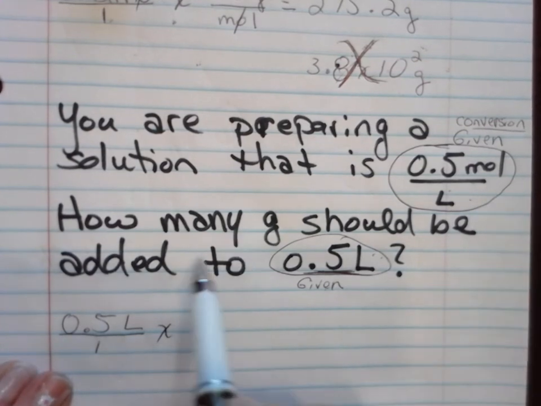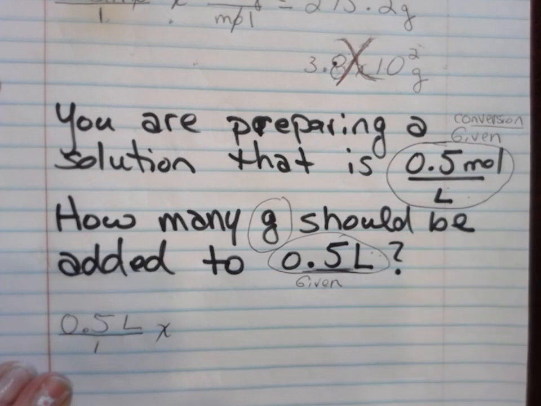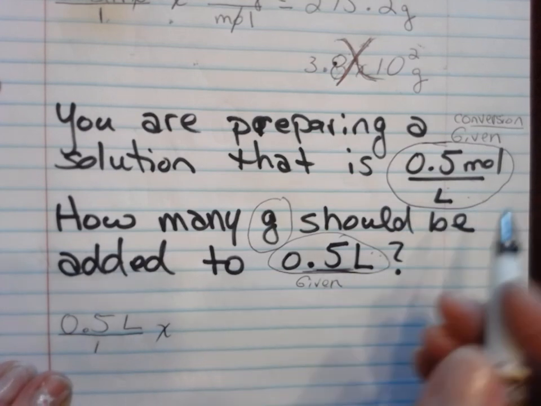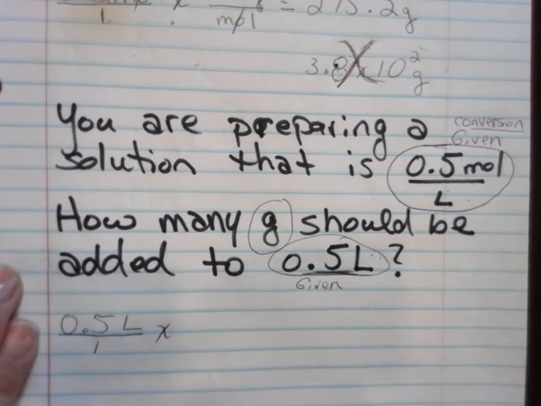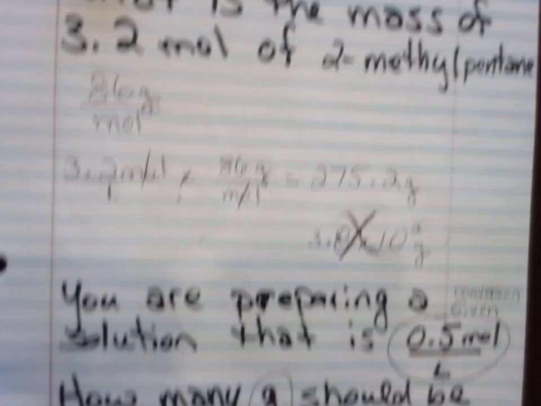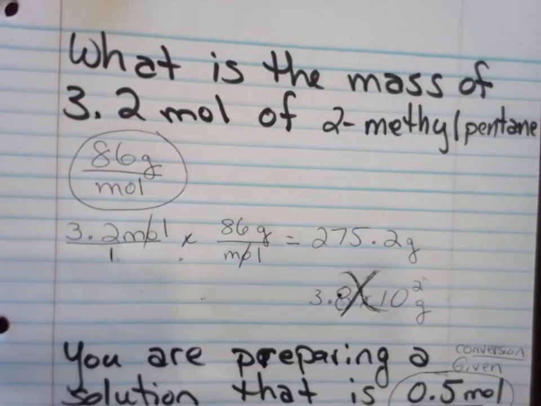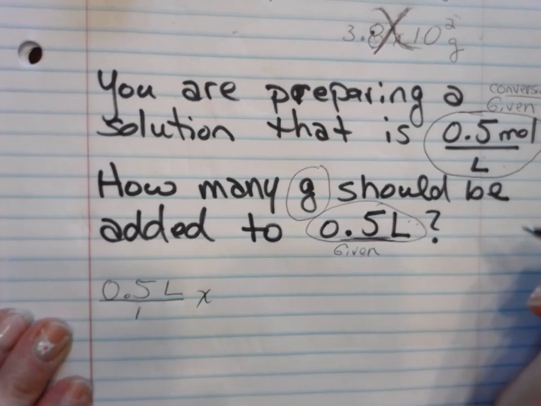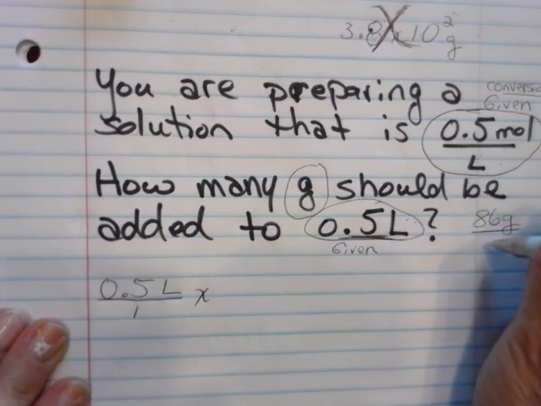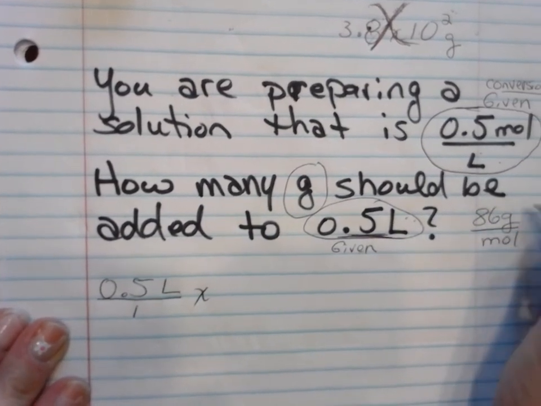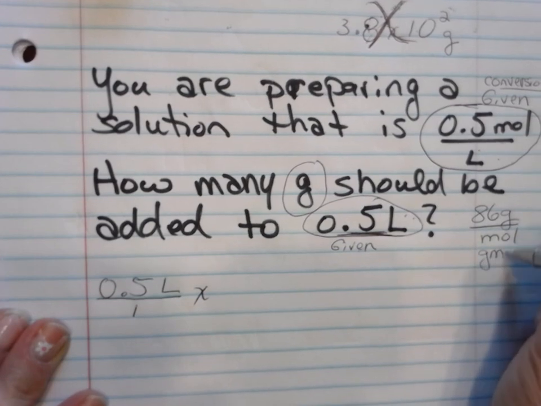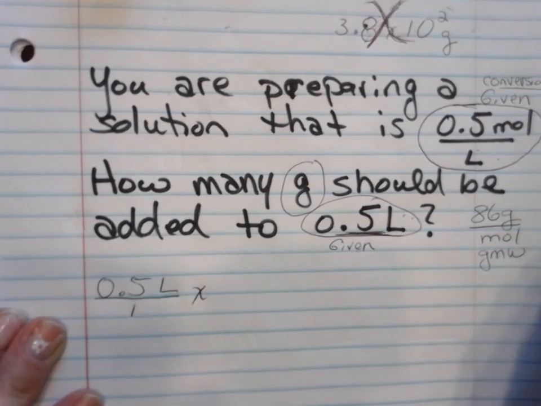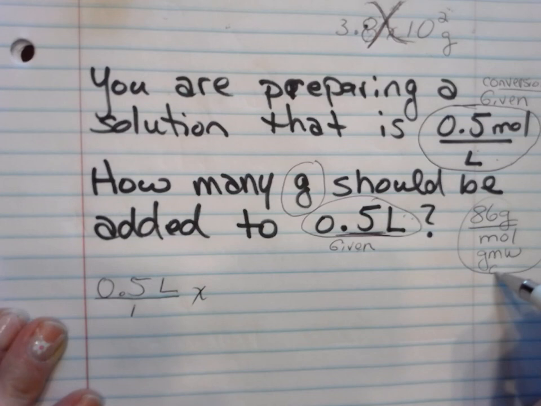Then I know I'm going to need grams. So if I look back to information I have, this is 86 grams per mole, and this is the GMW, the gram molecular weight. It's also a conversion factor for us.